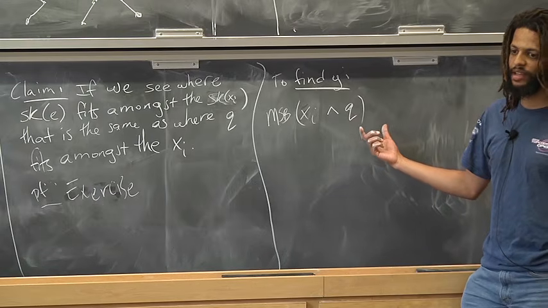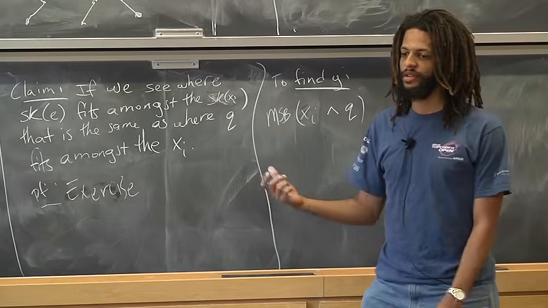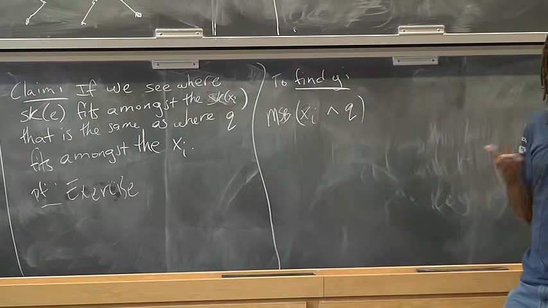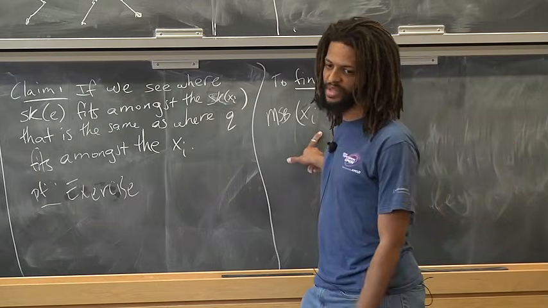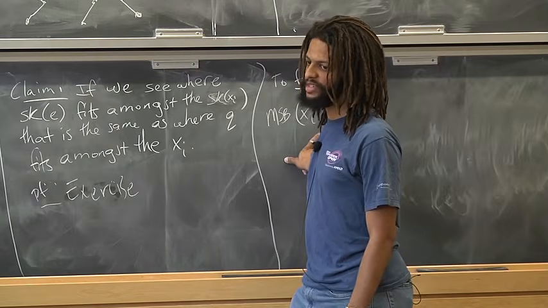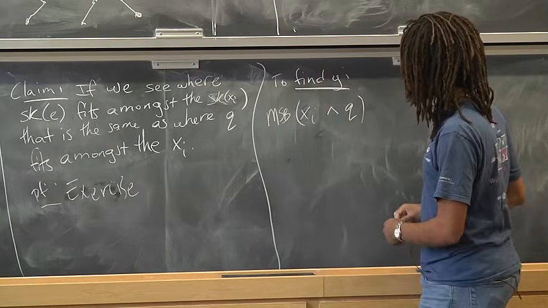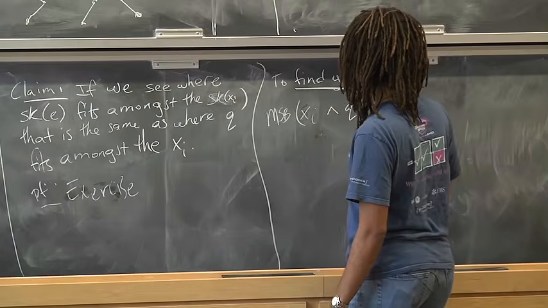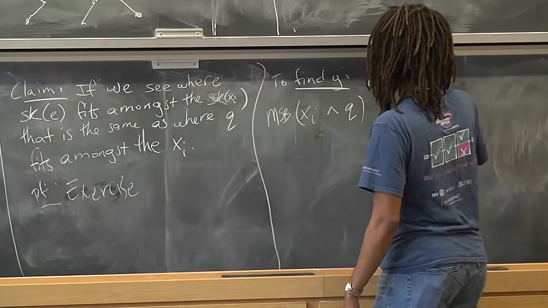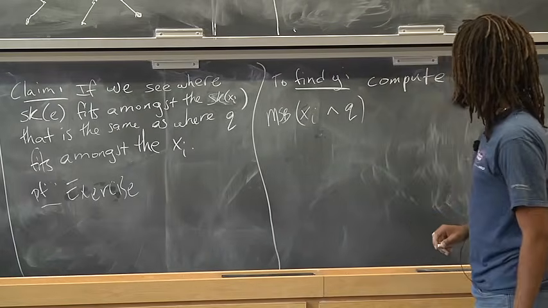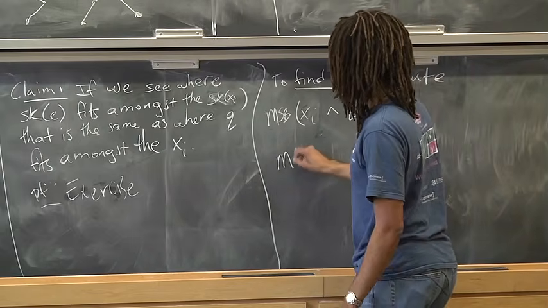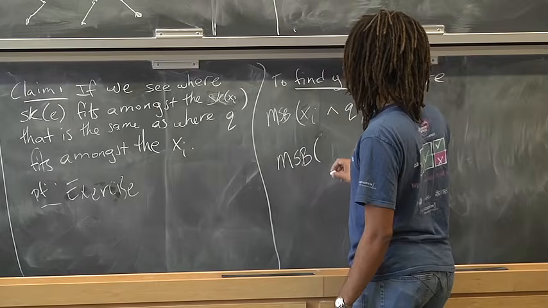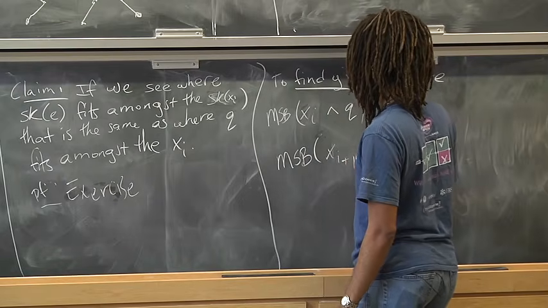And the most significant bit is telling you the first bit that's different between the two. You would do this to the actual xi, as you were saying, and you would do this to both xi and xi plus 1, to see where you first fall off. So compute the most significant bit of xi XOR q, and the most significant bit of xi plus 1 XOR q.